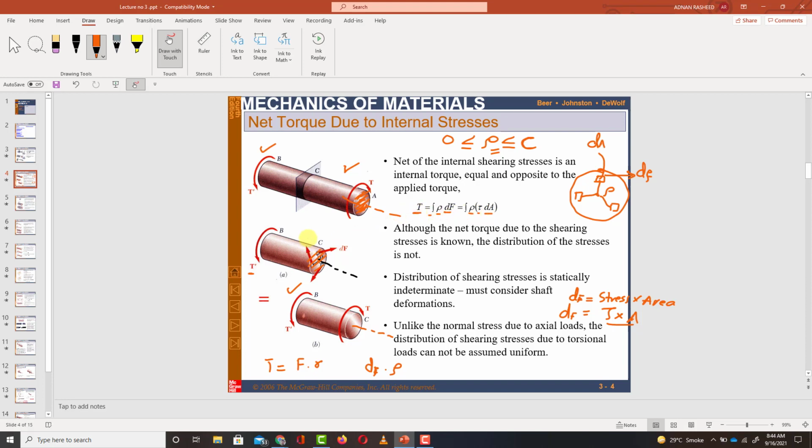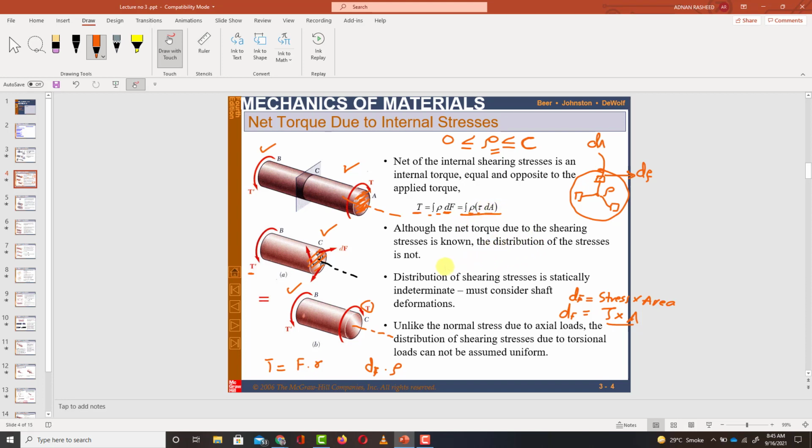If you want to find the net torque on this surface, it will be equal to the integral of rho into dF, and similarly dF is equal to tau into dA. So if you integrate it, you will get the net torque, which is represented here as T. So T is equal to the integral of rho tau dA.